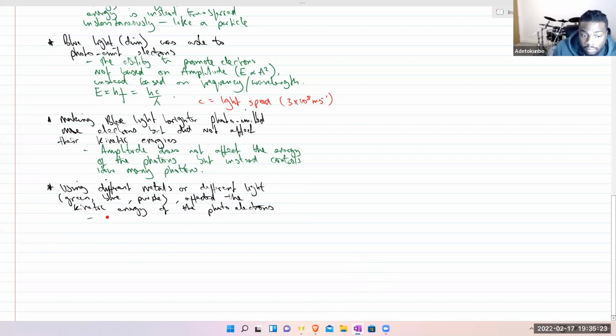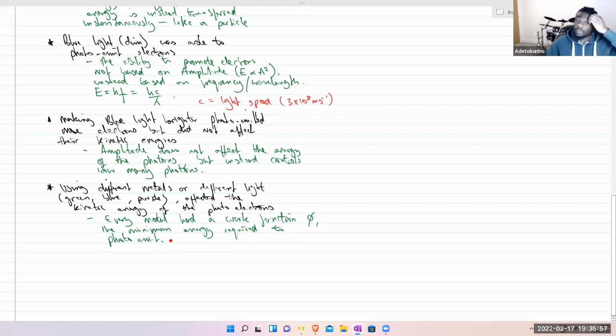And to that I say, every metal has a work function, phi, and that is the minimum energy required to photoemit.